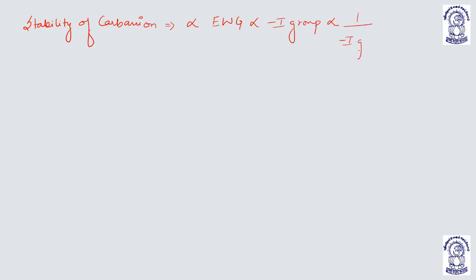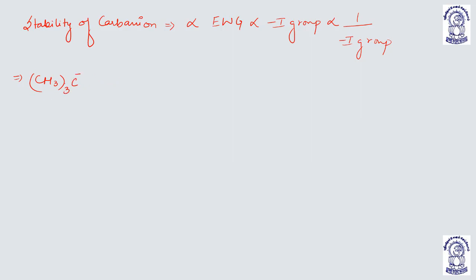Now comes stability of carbanion. The stability of a carbanion is directly proportional to electron withdrawing groups, or directly proportional to minus I groups. This is a tertiary carbanion.